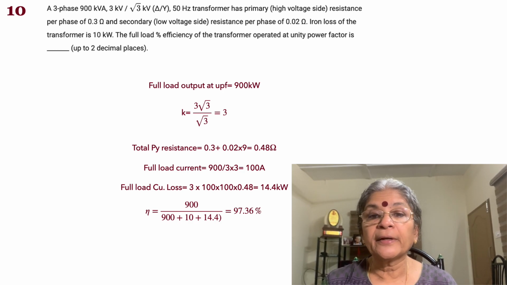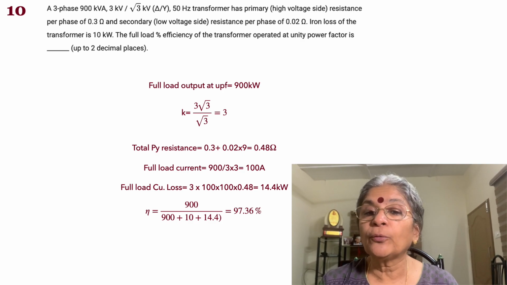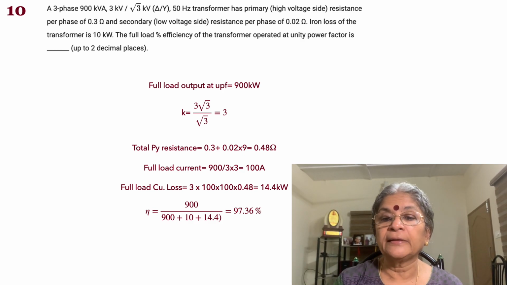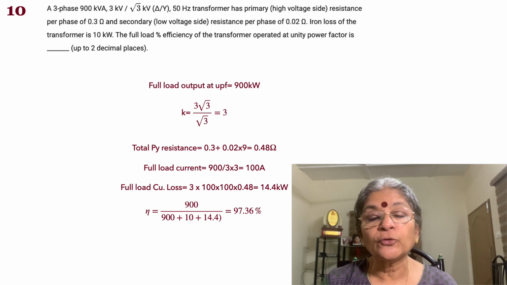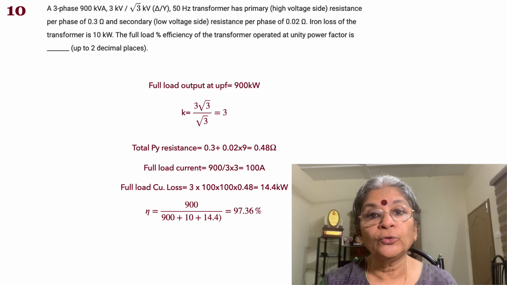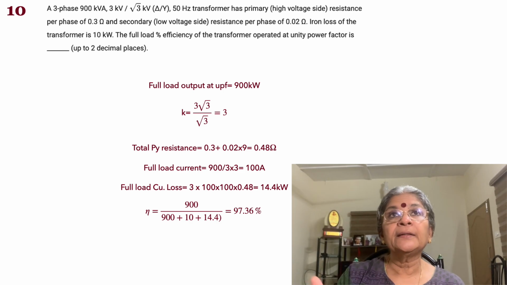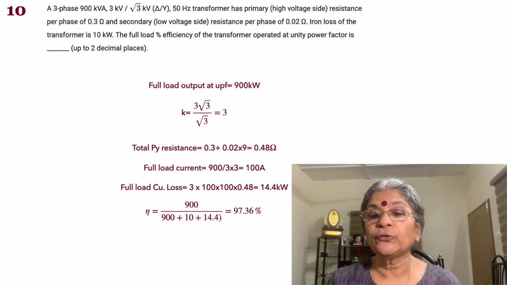The total primary resistance is not just 0.3, but whatever is reflected and given there. So the total primary resistance is 0.3 plus 0.02 on the secondary multiplied by K square, that is 9. So it is equal to 0.48 ohms. I suppose this is clear.